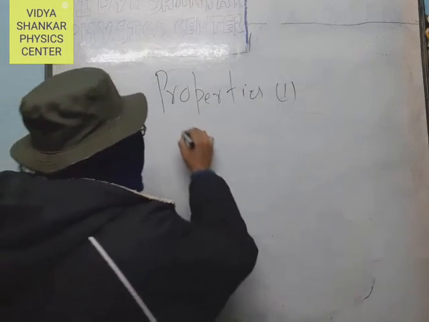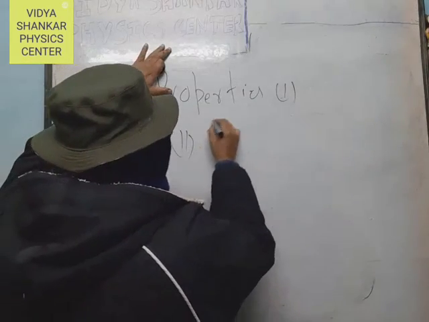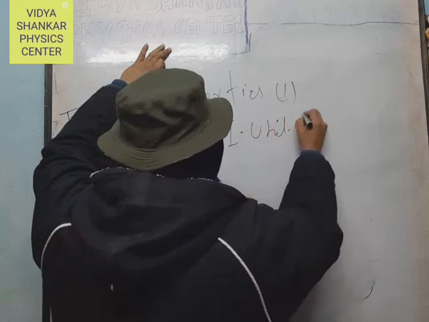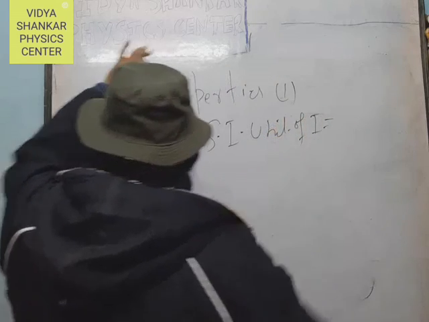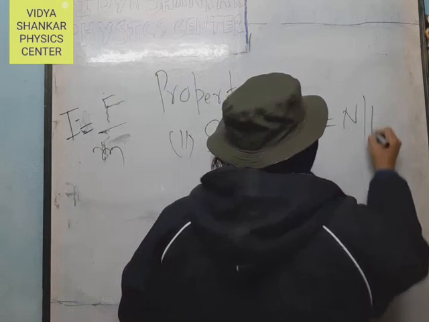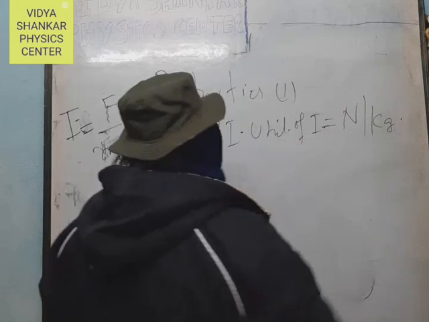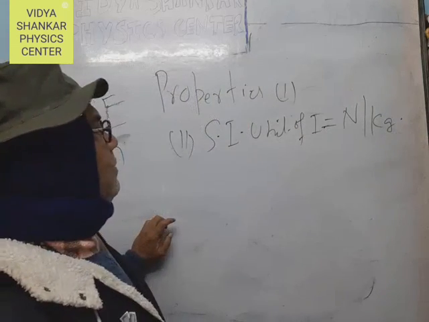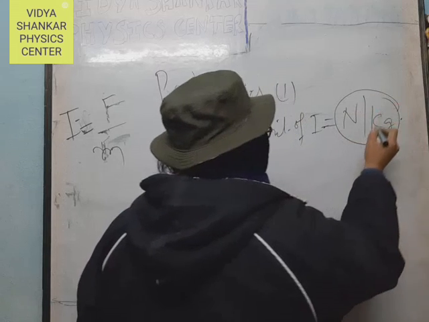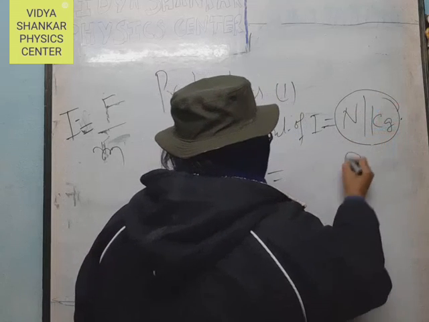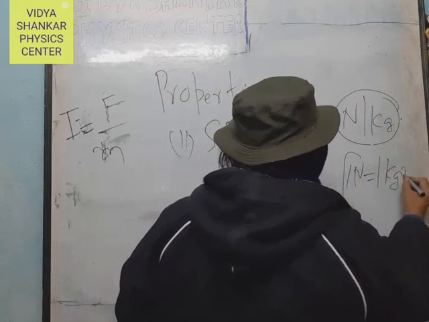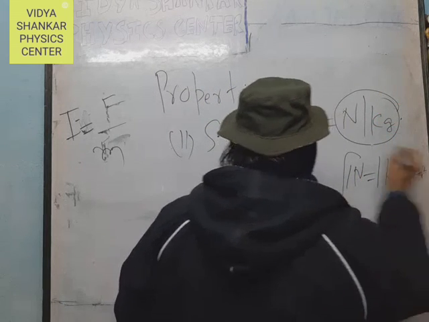Second point, unit. The SI unit of I, which is F by m, is Newton per kg. Newton per kg is the unit of intensity of the gravitational field, and Newton equals 1 kg meter per second squared.